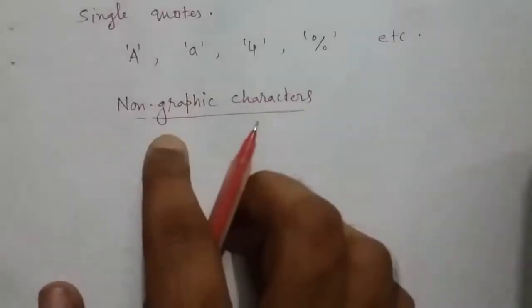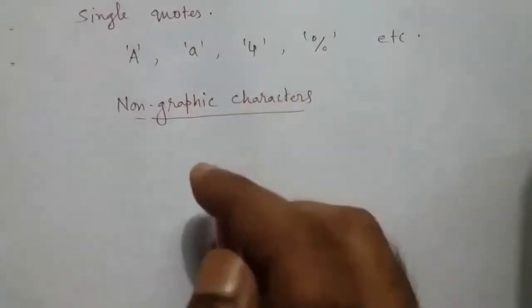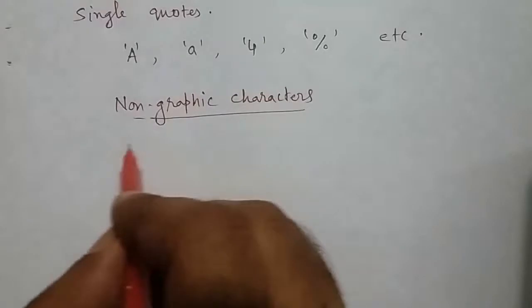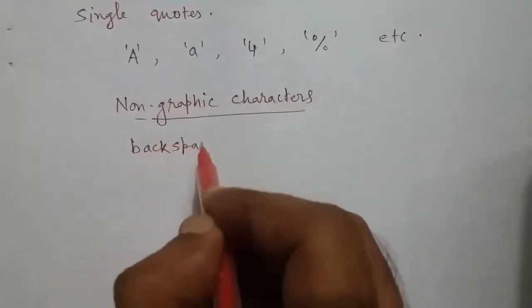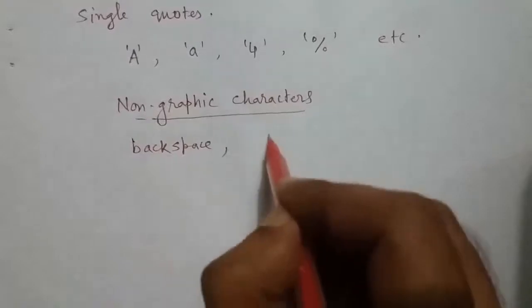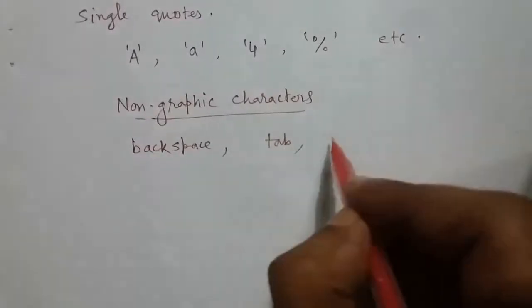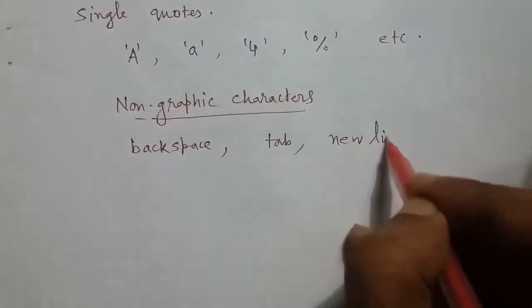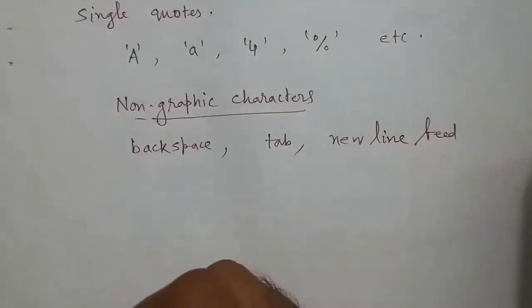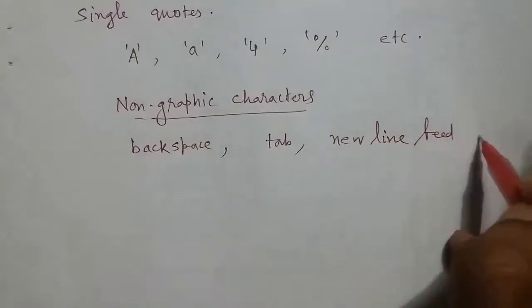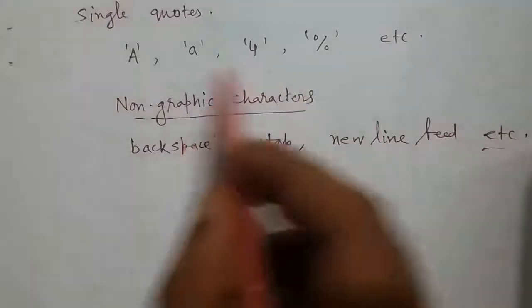Now, what are some examples of non-graphic characters? Non-graphic character examples are backspace, tab, new line feed. That means to change the line, new line feed. Okay, so these are the examples of some non-graphic characters.